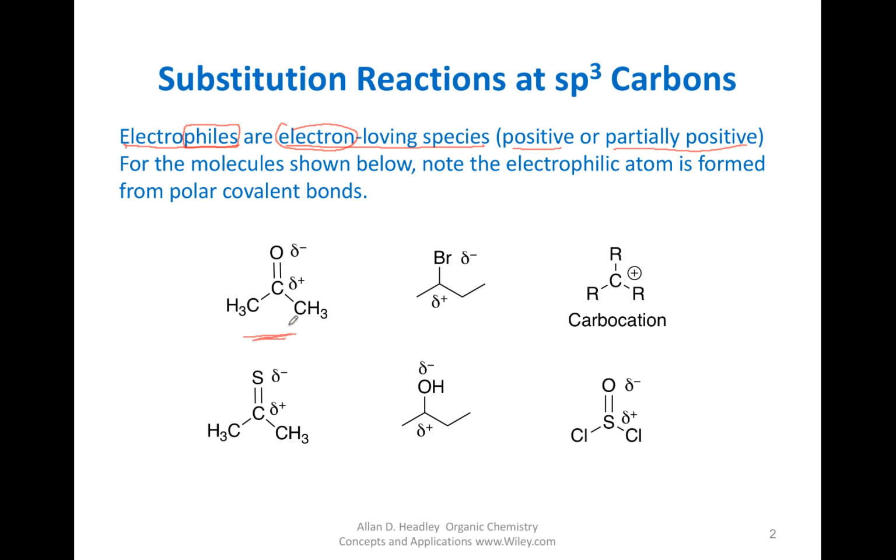This one is acetone. As you can see here, this is a double bond right here from carbon to oxygen. As you know, oxygen is more electronegative than carbon. So the electrons in this covalent bond are closer to the oxygen than to the carbon. Of course, you may recall we described that as a polar covalent bond.